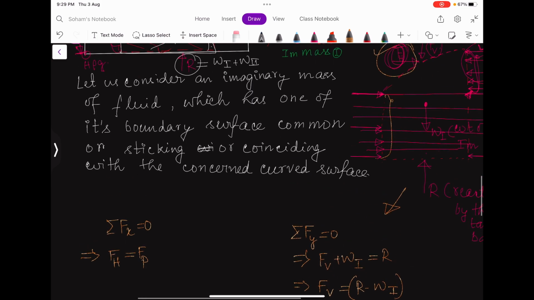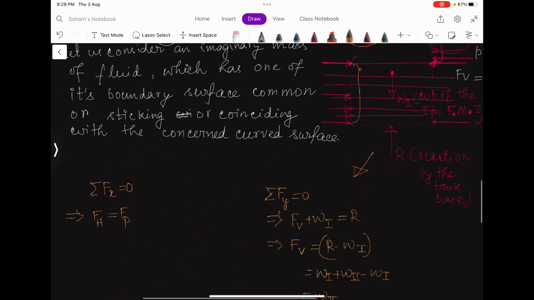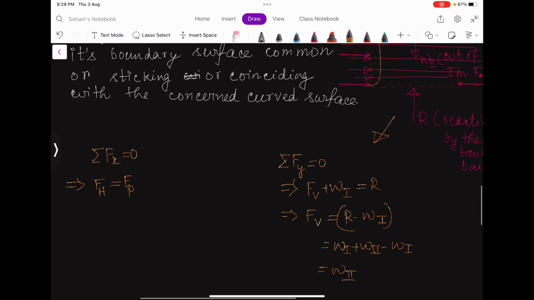Now, what is this Fp? This is easy for you. If I just draw the diagram again, because everything has become a bit clumsier, I'm drawing this imaginary surface too. Only this part, the pressure force is significant. So how to calculate this Fp, this pressure force?